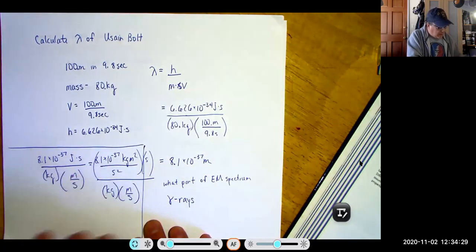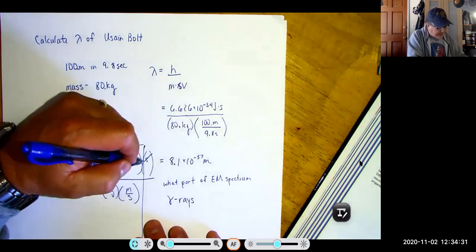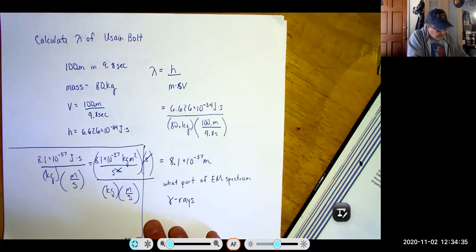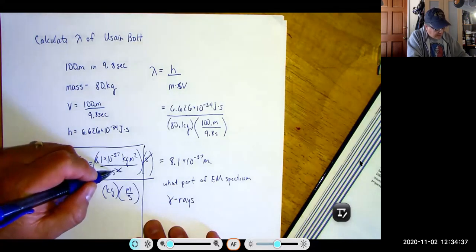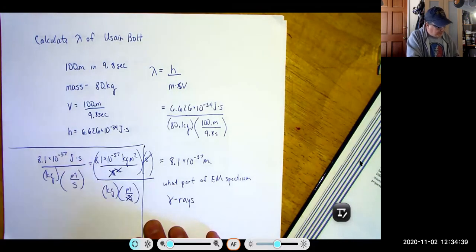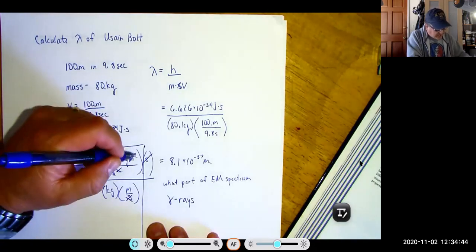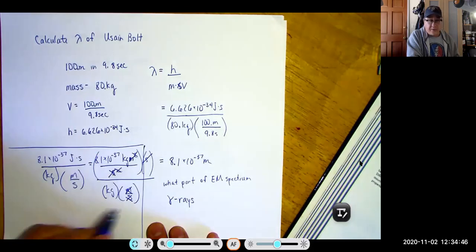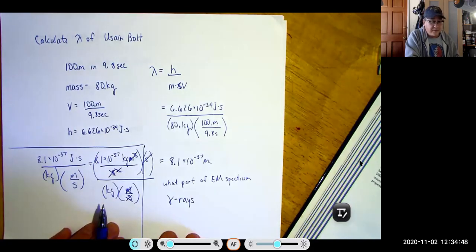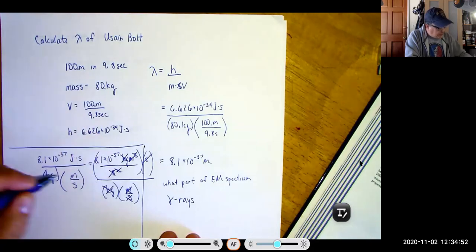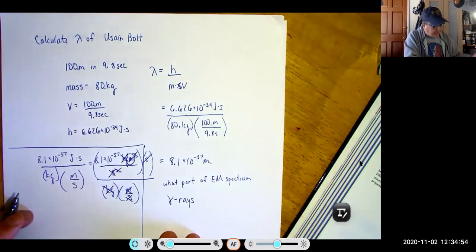So when we look at what cancels, this second cancels with one of these, so we have one left over. This second in the denominator cancels with this one in the denominator. One of these meters cancels with that meter because they're both in the numerator. And here, this kilogram cancels with this kilogram. So you can see the thing that we're left with is a meter.